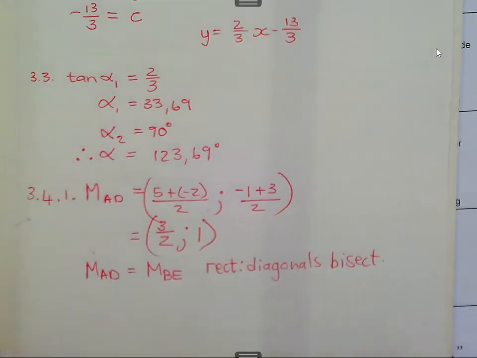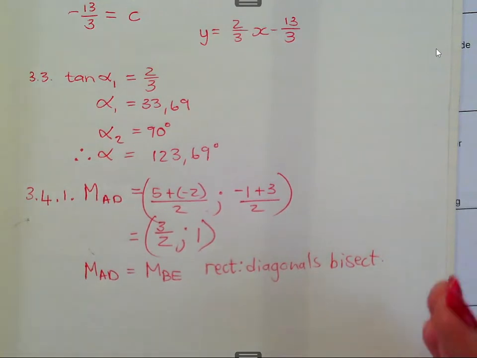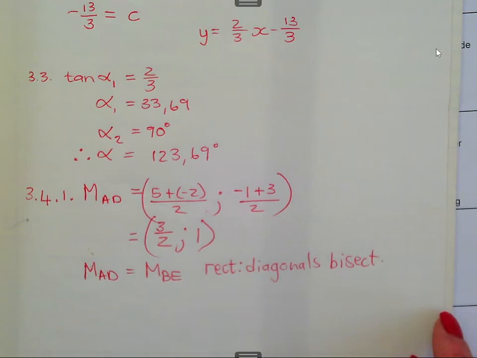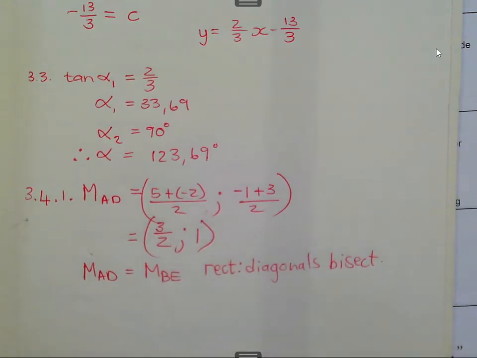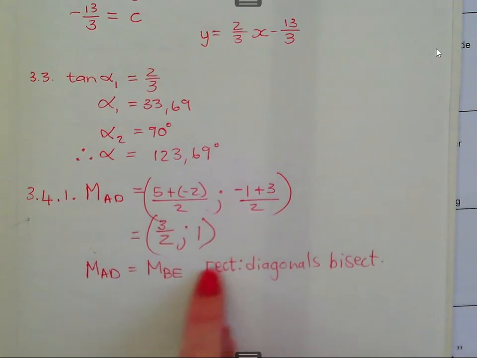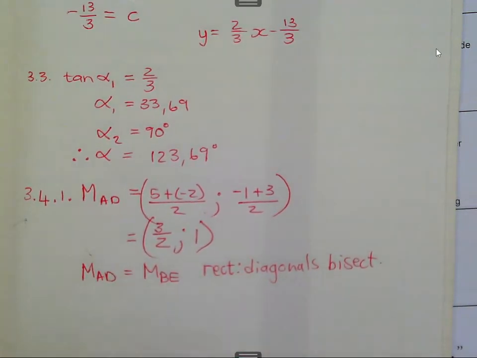They say that it is a rectangle, but because it is a rectangle, you know the diagonals bisect. If it was just a quadrilateral, they didn't specify that it's a parallelogram or whatever, you couldn't use that property. But because they are saying it is a rectangle, you can just say the diagonals bisect. Are you asking whether you must say rectangle? It's okay. They already said it's a rectangle.